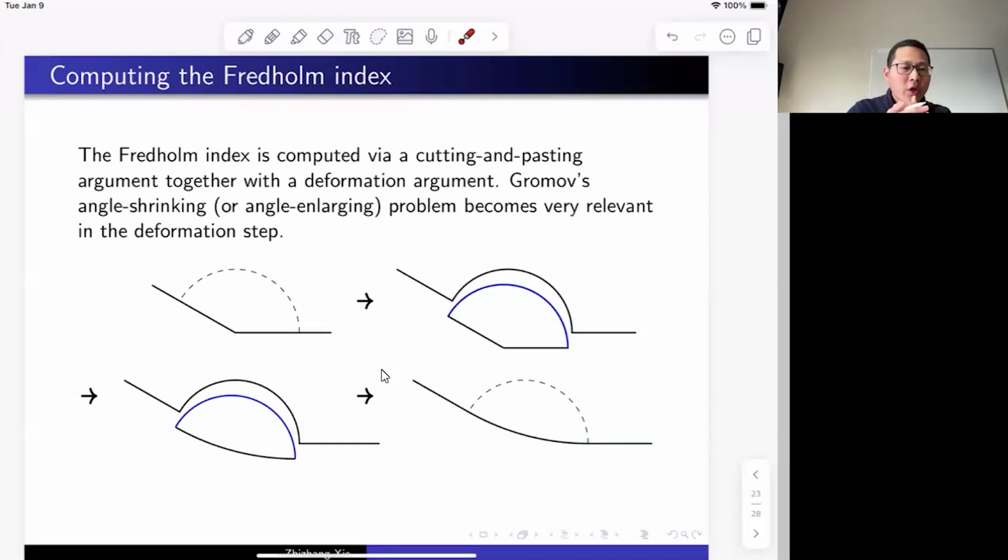And it's a gluing formula that shows that the index here plus the index here is equal to the index of the original one. Okay, that's the first step. It's a cutting and pasting argument.